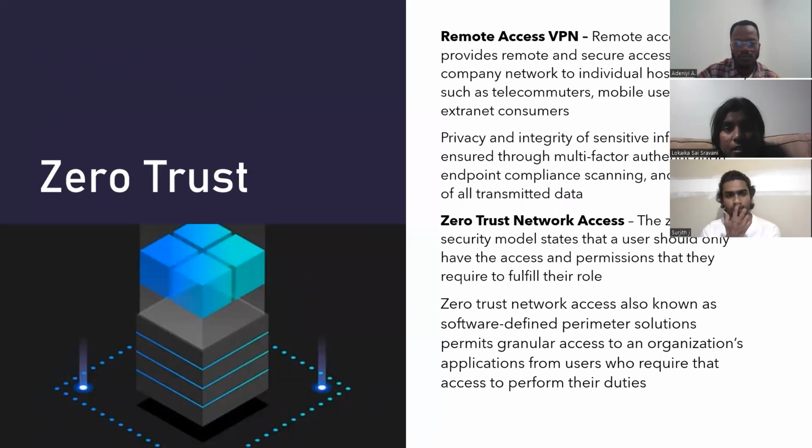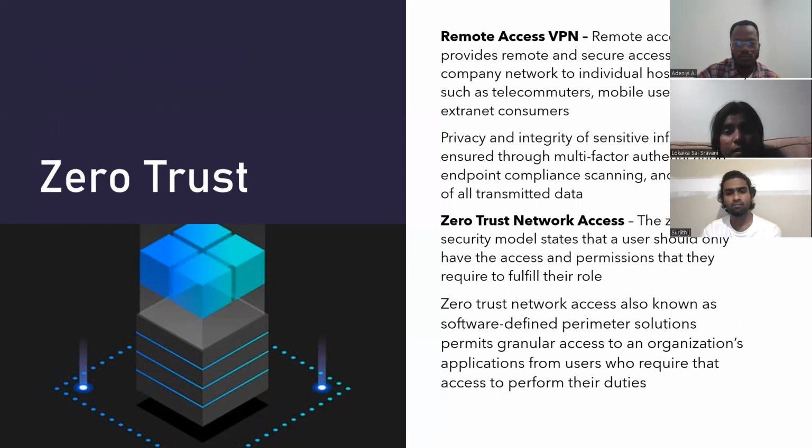Zero trust. Remote access VPN and zero trust network access. Remote access VPN provides remote and secure access to a company network to individual hosts or clients such as telecommuters, mobile users, and extranet consumers. Zero trust network access.